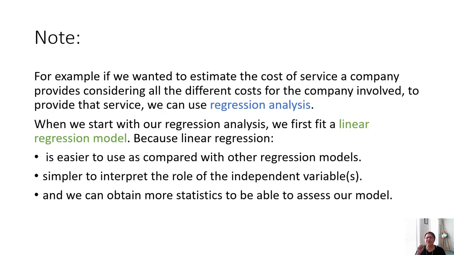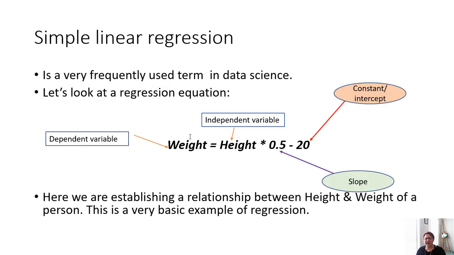But why do we first fit linear regression? Because it's easier to use as compared with other regression models. It's simpler to interpret the role of the independent variables, and we can obtain more statistics to be able to assess our model.